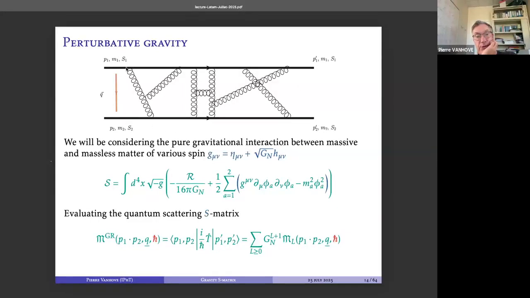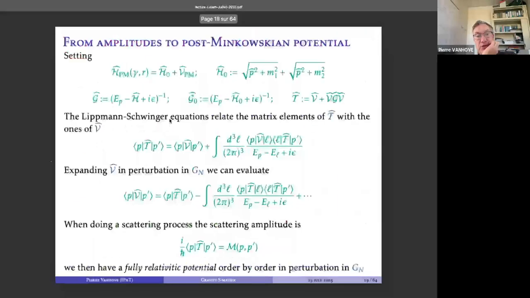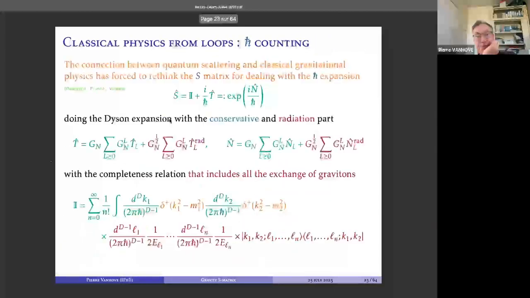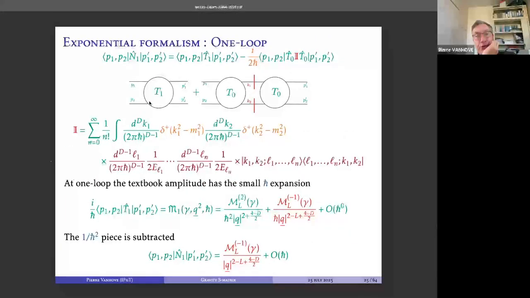Here, for example, this is one graph that will come at one loop, just one loop here. But there are as well the cases where the lines are parallel and things like that. So this is all the one loop amplitude that you compute by exchanging gravitons between your two massive objects.